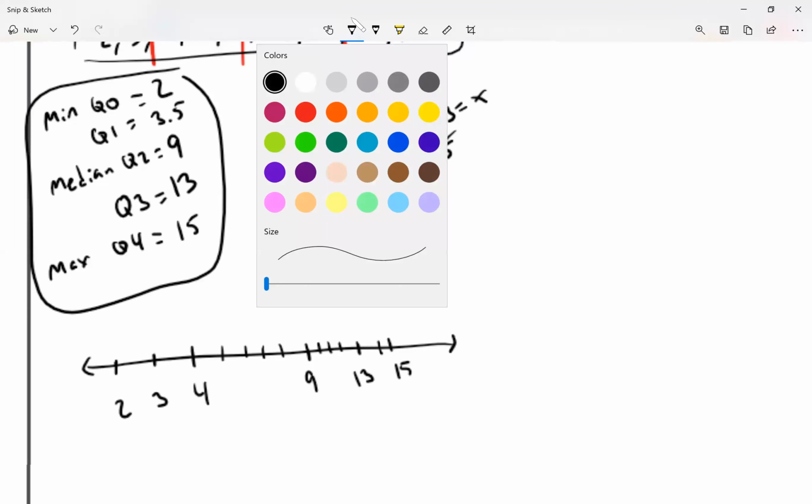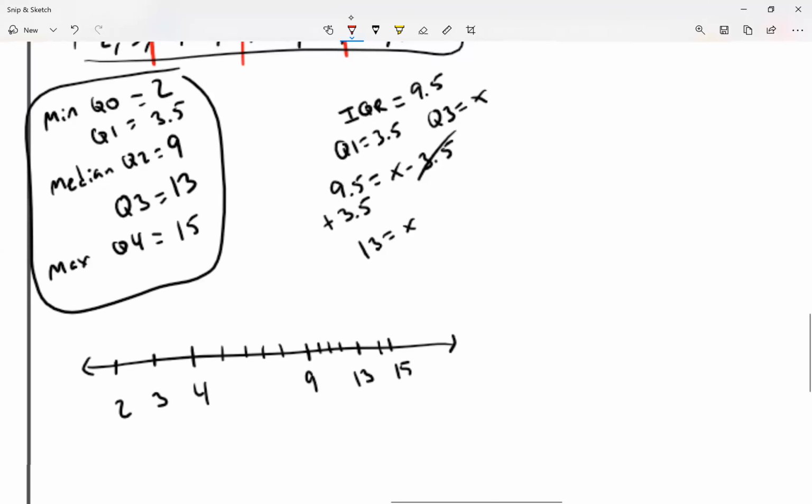The way I'm gonna do this, my minimum point, my minimum value, I'm gonna represent this with a point. My maximum value, I'm also gonna represent this with a point. So minimum and maximum are represented as points. Now quartile 1, median, and quartile 3 are represented as little lines.